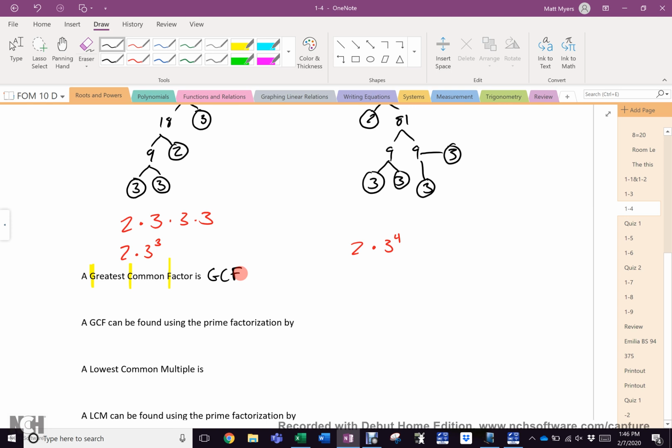So, let's do that. A greatest common factor, GCF, is the largest factor that's shared by a group of numbers.